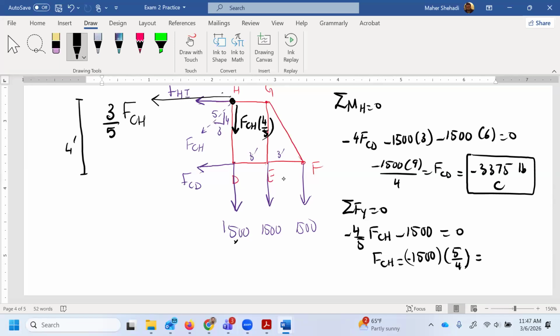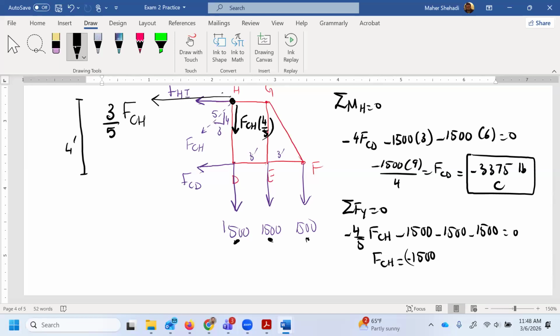Oh, I missed that. I have not just one. I have 1, 2, 3. We're doing summation force in the y, not a moment. So it's minus 1500 minus 1500 equals to 0. So I will need to multiply this by 3 before I multiply by 5 over 4.